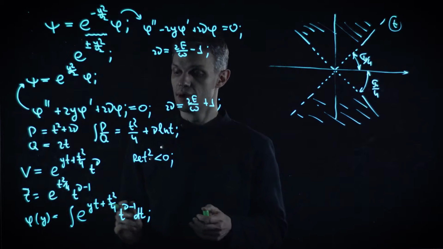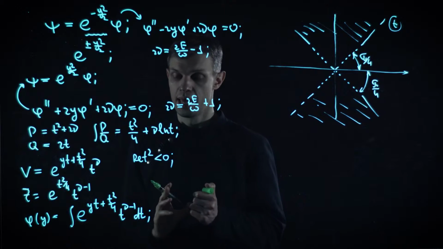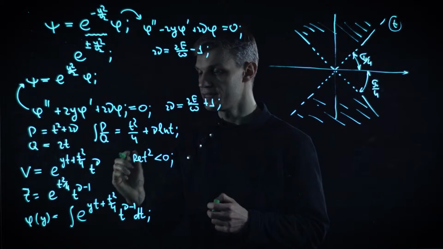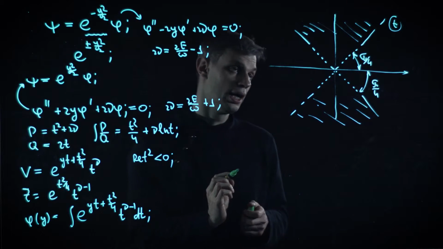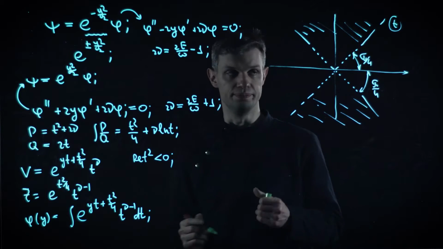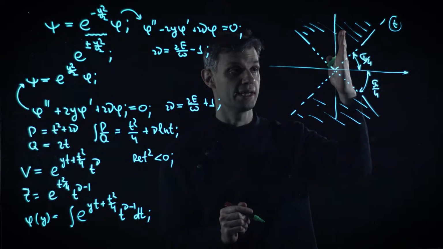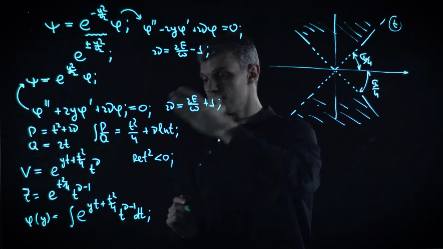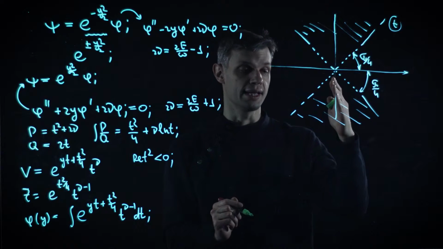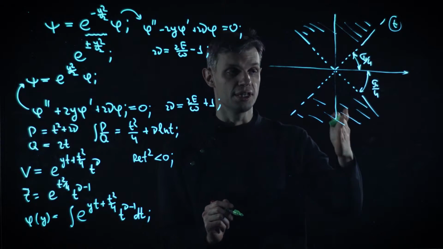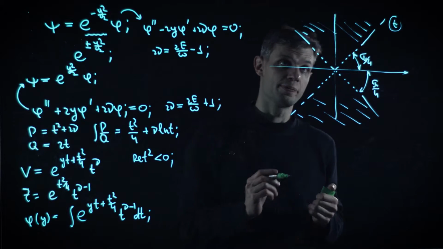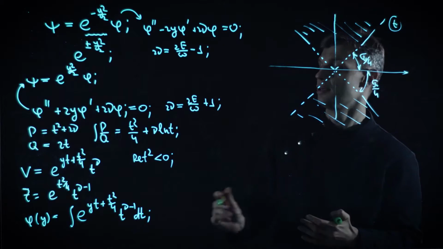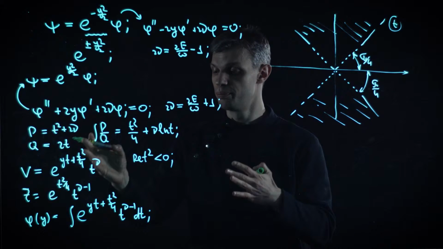Now it's time to recall that we deal with multivalued functions, and somehow we should fix the regular branch of this t to the nu multivalued function. Before we do so, however, let's also recall that we should position our integration contour in such a way that it starts and ends in this shaded allowed region. So basically it's a vertical direction. This way, we also choose the corresponding direction of our branch cut.